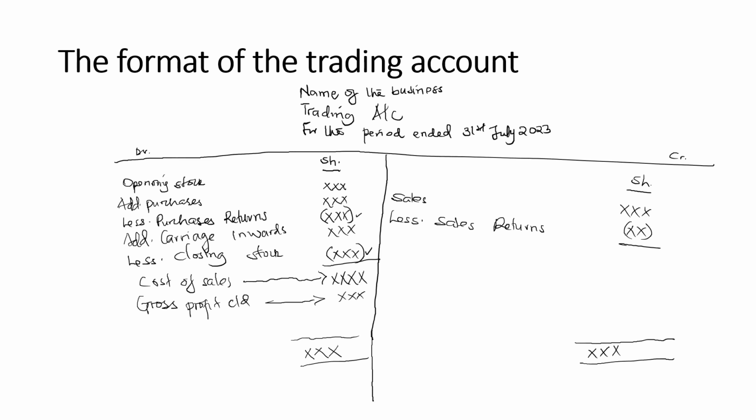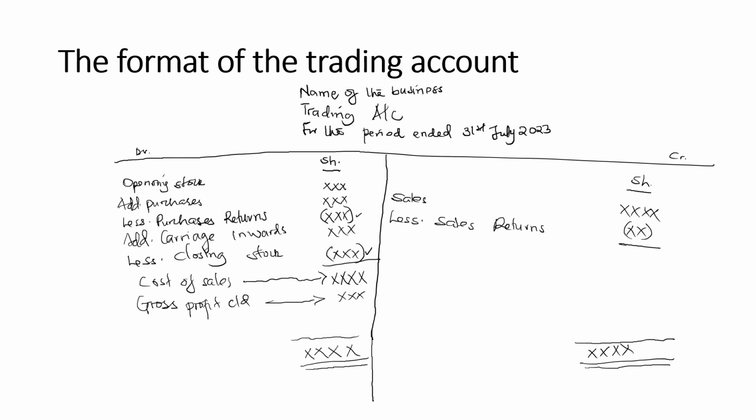Then since the figures now share the same total, you double underline, to mean that they have the same balancing figure. That is not enough.